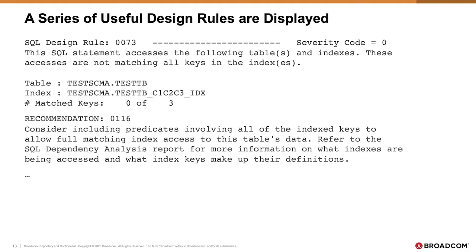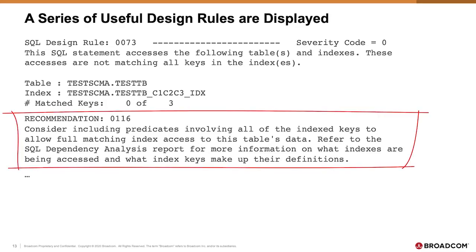As we continue to page down through the report, a series of useful design rules are displayed. In this case, we can see design rule 73, which states test_tb_C1_C2_C3_IDX is used, but there are no predicates on that index, and the suggestion is that you should use predicates on the index keys to allow a full matching index scan.